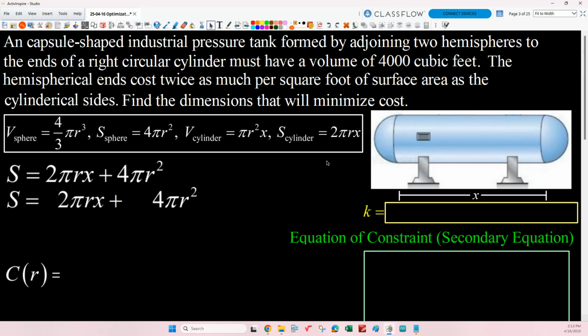Okay, so parts of the surface are weighted. In this case, cost is sort of like a weighted surface area. Everybody get that? Do you understand what I mean by the word weighted? When you weight something, you're multiplying it by some coefficient.